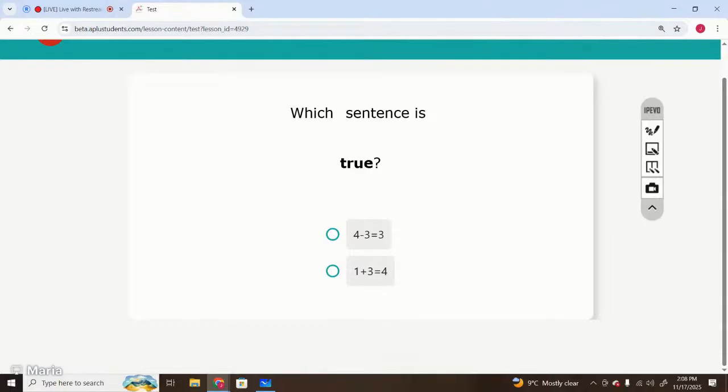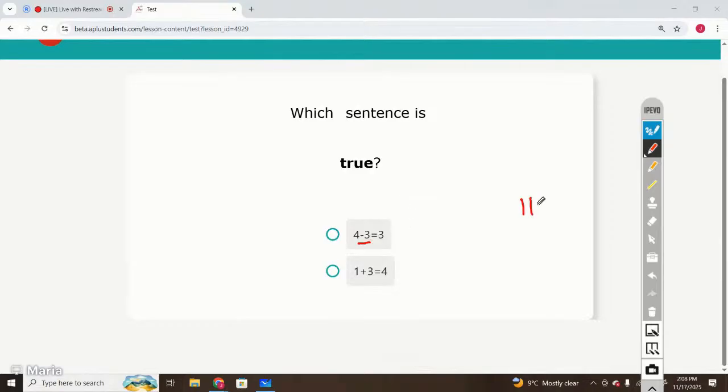Which sentence is true? 4 minus 3 equals 3. So just subtract. Make 4 lines and remove 3 of them.